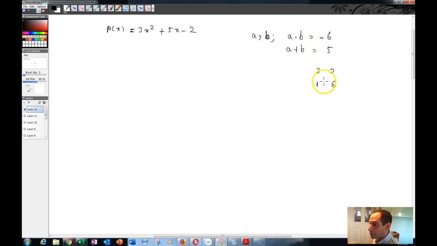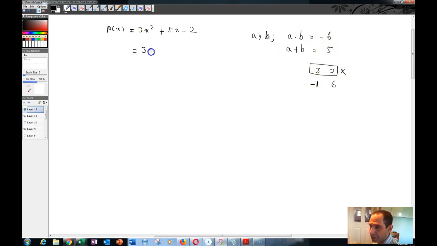I think we cannot use the first one. So if we go with this one, I have to make one of the numbers negative because the product is negative. So I make this negative 1 and positive 6, so 6 minus 1 is equal to 5, and 6 times negative 1 is equal to negative 6.